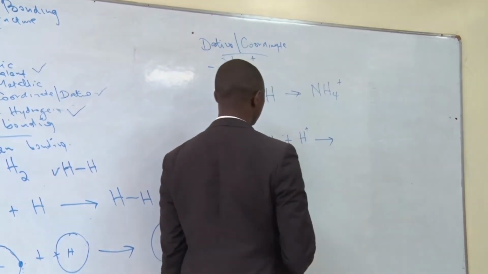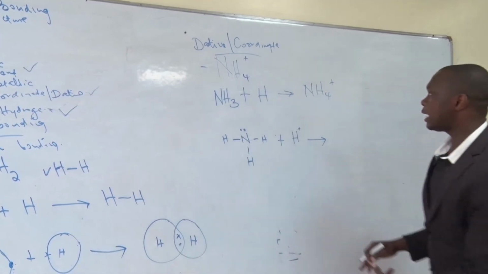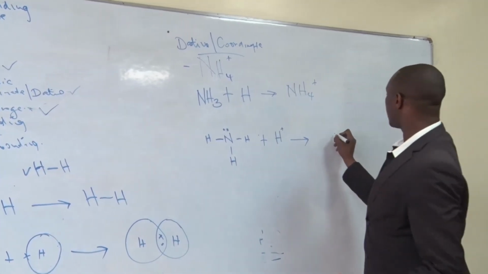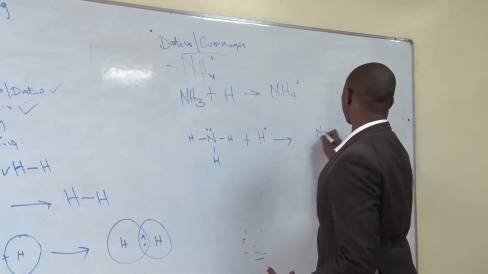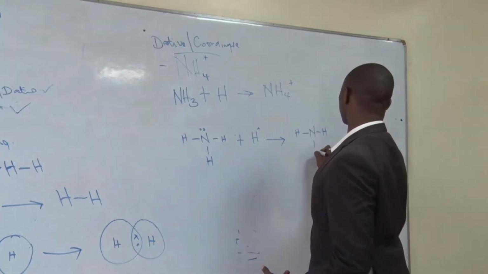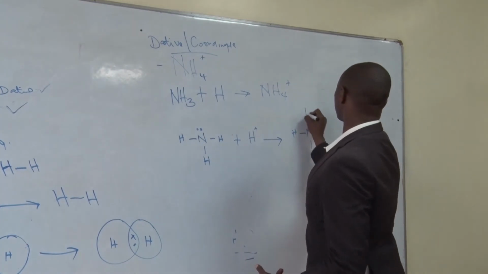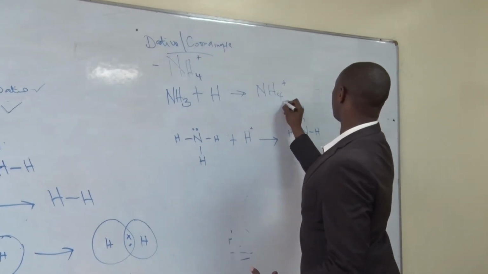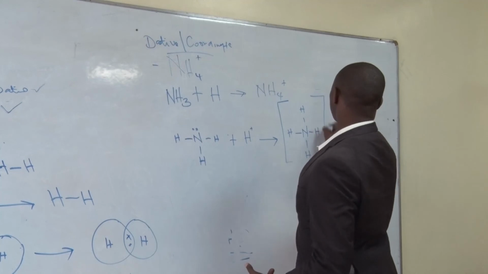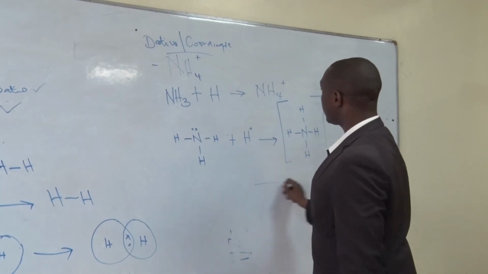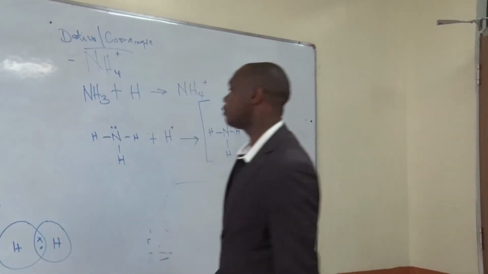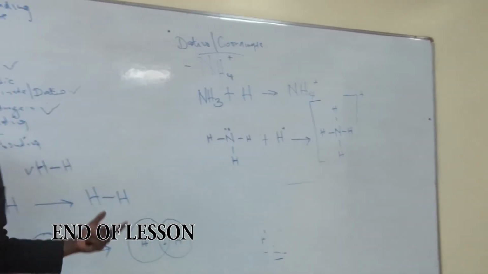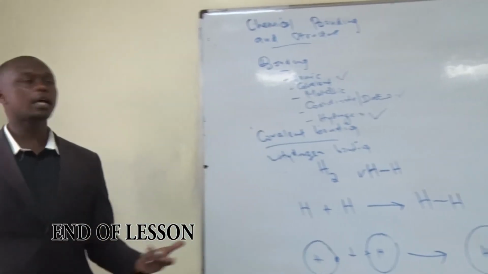So when we do so, we're going to form a covalent bond, which will be this way. That is a covalent bond, which we call the coordinate bond. So that is how we also form the covalent bond for the ammonium ion. Thank you.